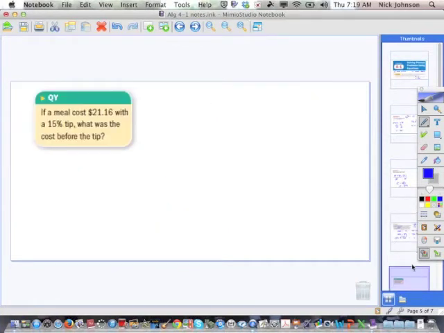Quiz yourself. If a meal costs $21.16 with a 15% tip, what was the cost before the tip? So this is a problem similar to the other one. The only difference is we don't know what the price of the meal was, okay? So we paid for meal plus tip equals 115%, because 100% for the meal and 15% for the tip.